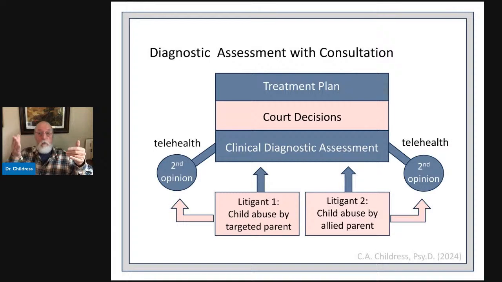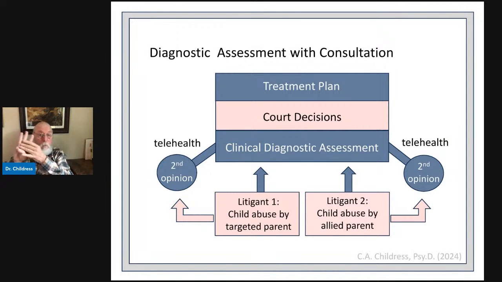So we're going to need a proper clinical diagnostic assessment to find out which parent is abusing the child. It's going to be a disputed diagnosis one way or the other. So let's allow each litigant to appoint a second opinion doctor to participate in telehealth in that clinical diagnostic assessment.